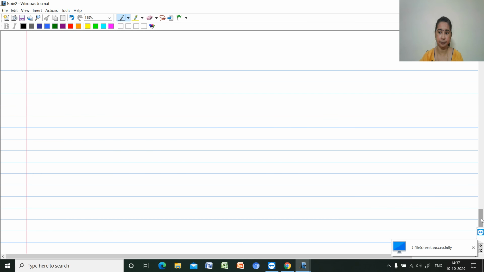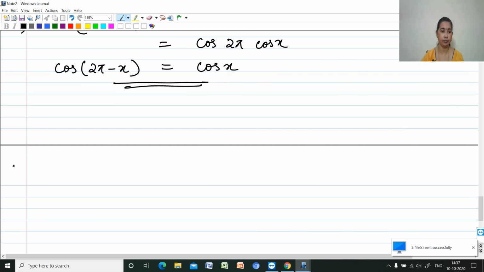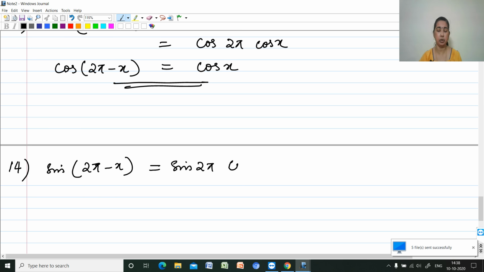Then next one, sine of 2 pi minus x. What is sine of 2 pi minus x? Using sine of x minus y, which is equal to sine x cos y minus cos x sin y, here we get sine 2 pi into cos x minus cos 2 pi into sin x.